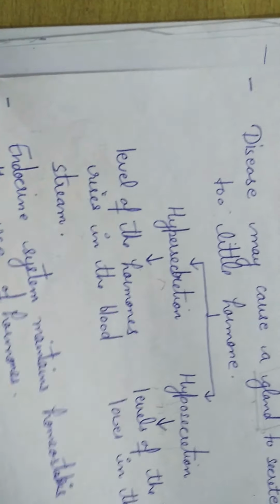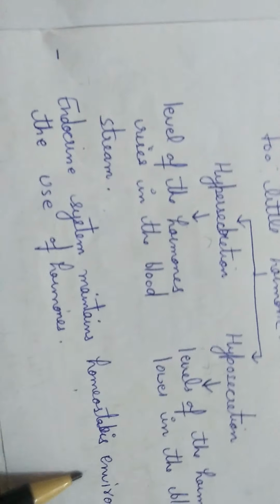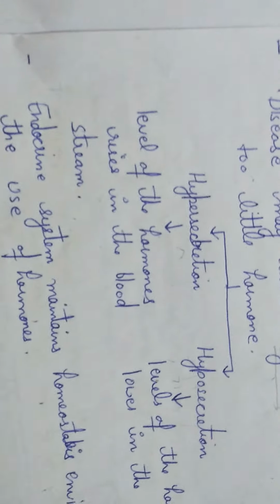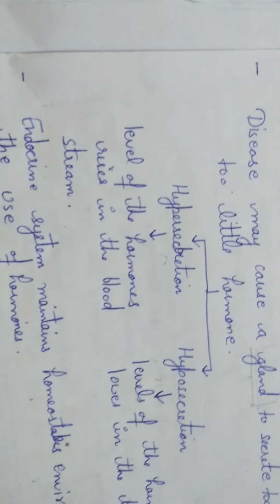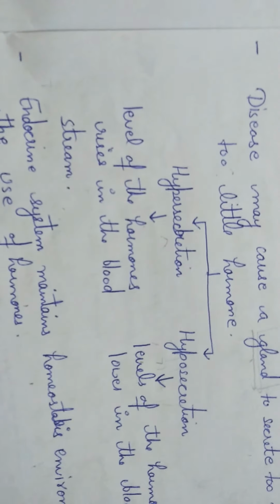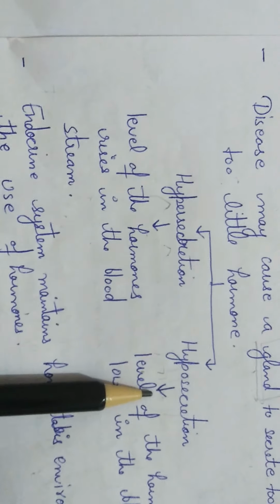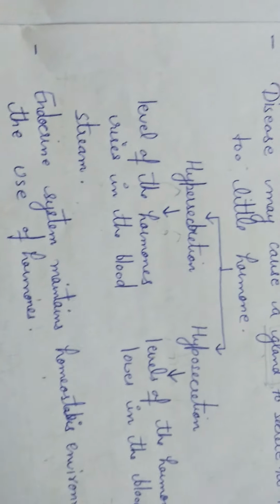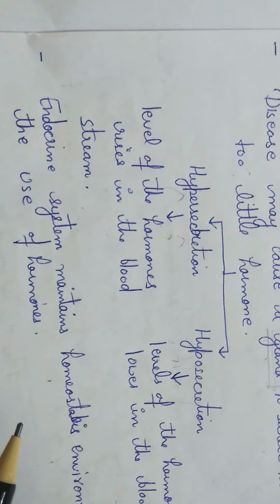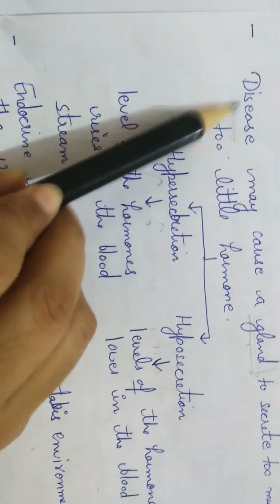So in this way we can say that the endocrine system maintains a homeostatic environment through the use of particular hormones. Their level has to be maintained. They should not be hyper, they should not be hypo. If they are hypersecreted, that means there is some kind of disease or pathological condition.